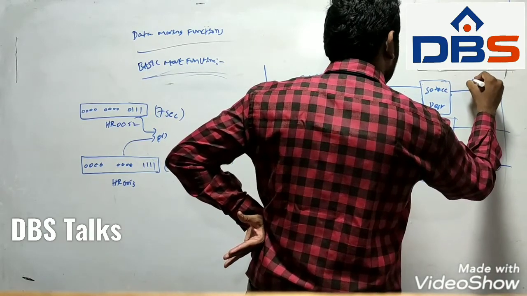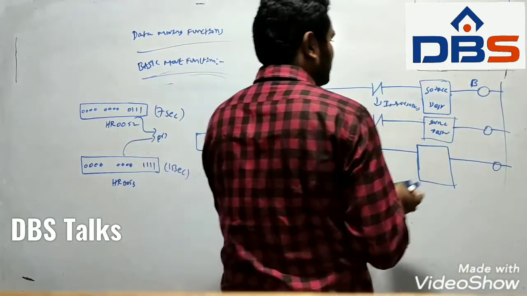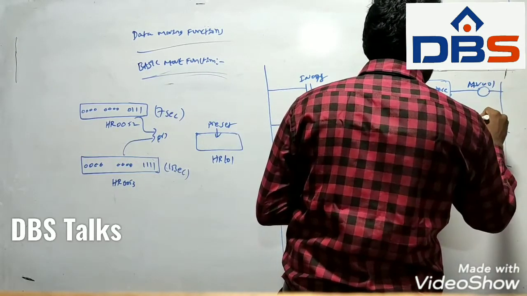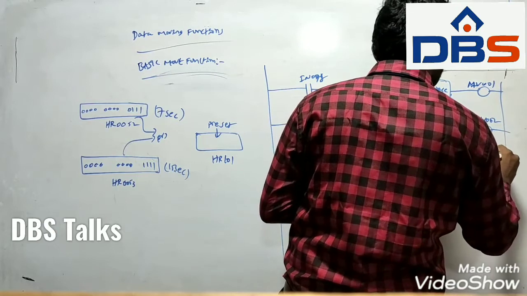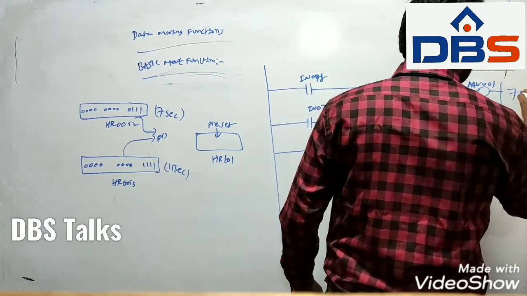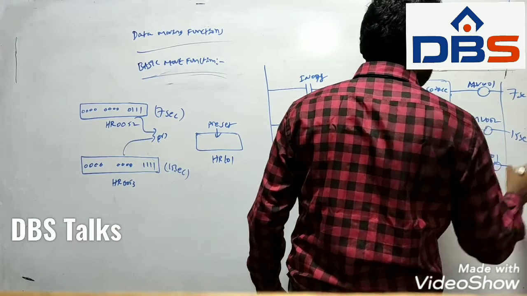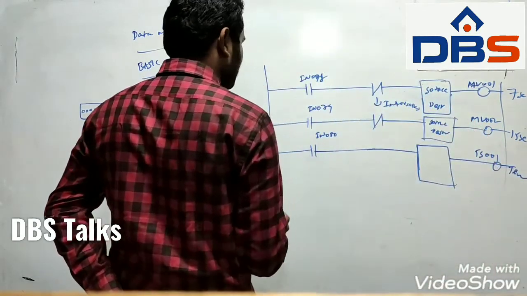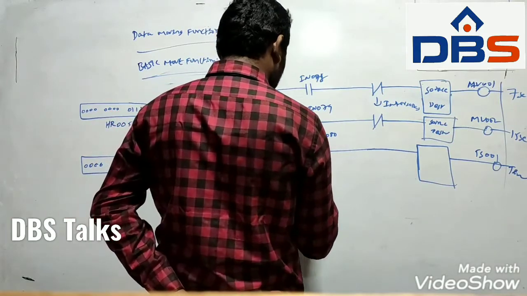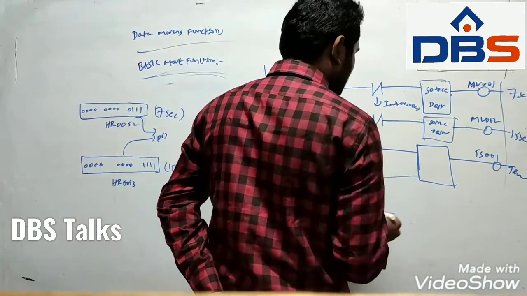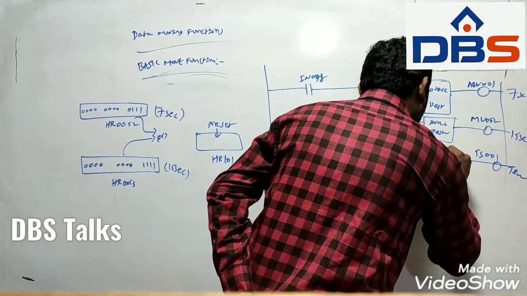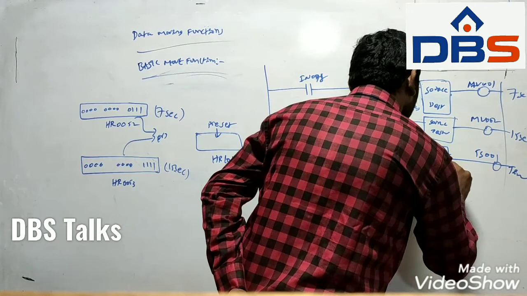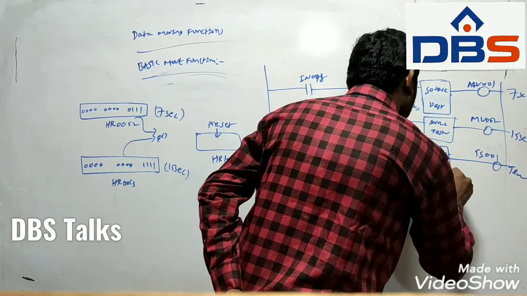Here we have one move function coil. This is for 7 seconds and this is for 15 seconds. So this is used for timing functions. By enabling this one, I am putting the preset value, either 7 or 15 seconds, and I am taking one destination register to store that value.